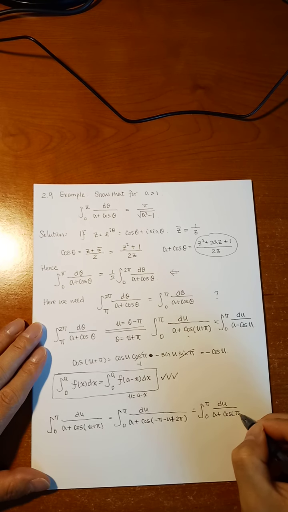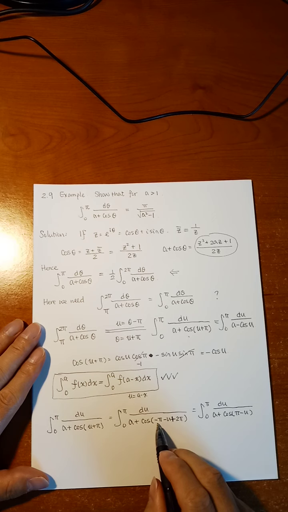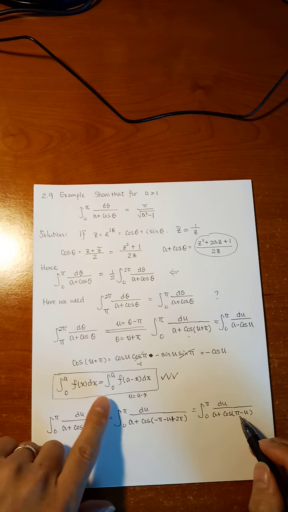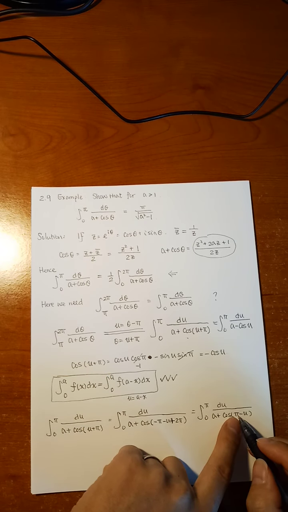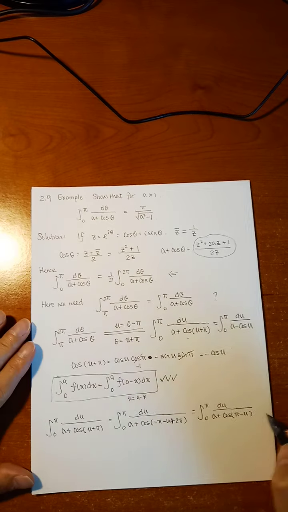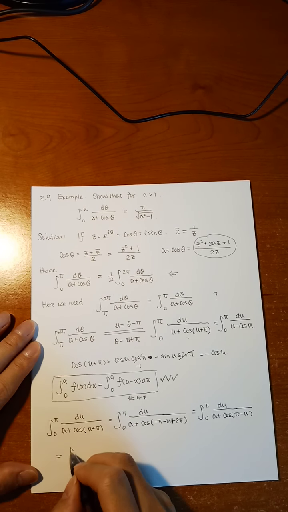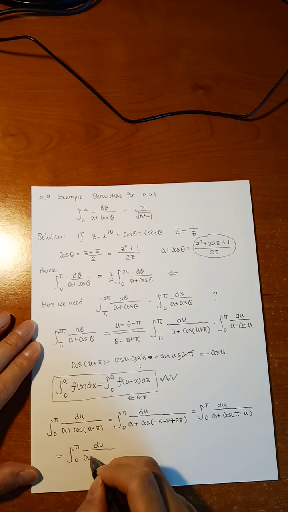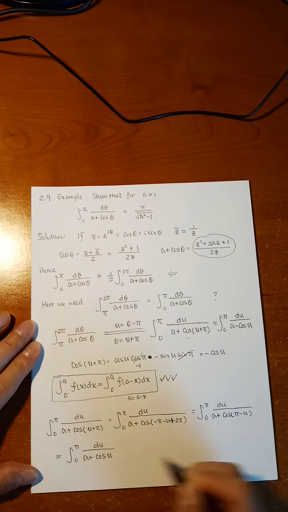So it becomes pi minus u. It becomes 2 pi minus pi, which is pi, so pi minus u. You see here, from 0 to pi, it's cosine of pi minus u, right? It's a function of pi minus u. So this is equal to the integral from 0 to pi of du over a plus cosine of u.